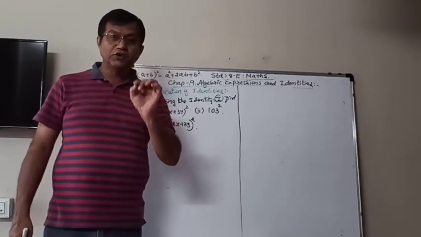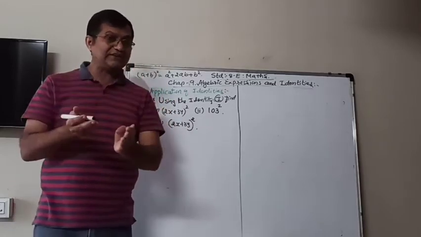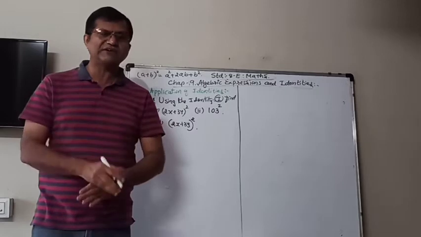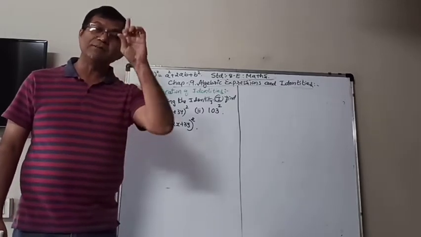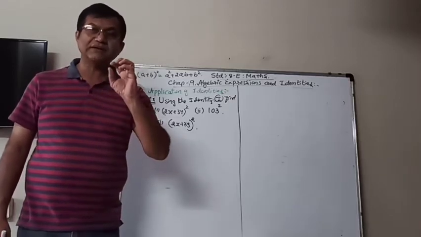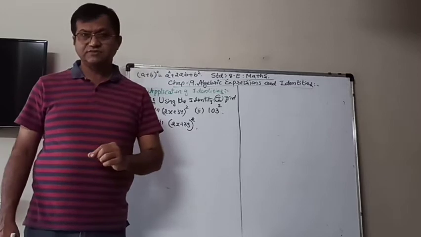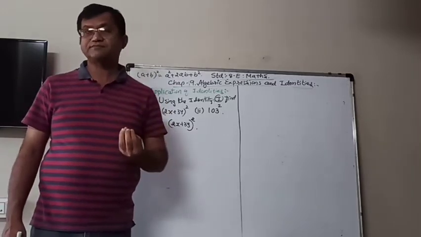Whatever I do, please watch carefully. Whenever brackets are needed, you must use brackets, otherwise there are chances that you will make mistakes. I don't want you to make those silly mistakes, otherwise you will lose your marks.